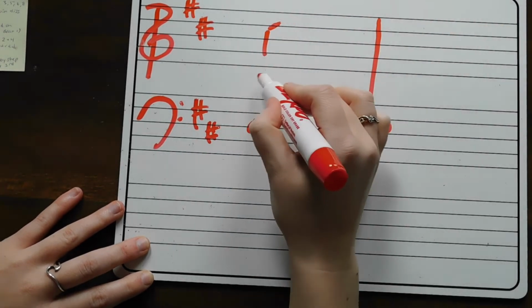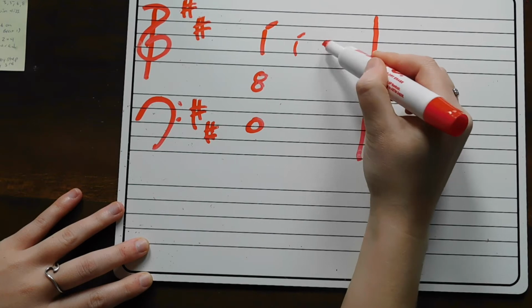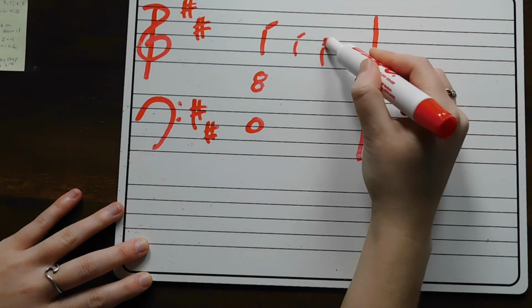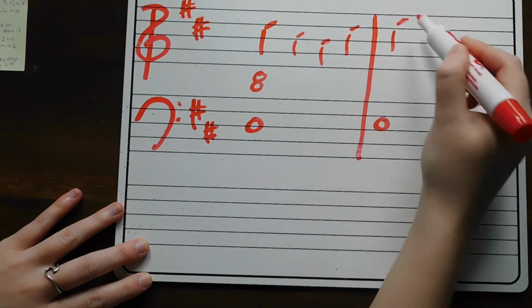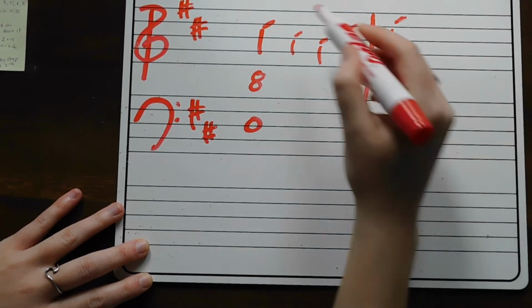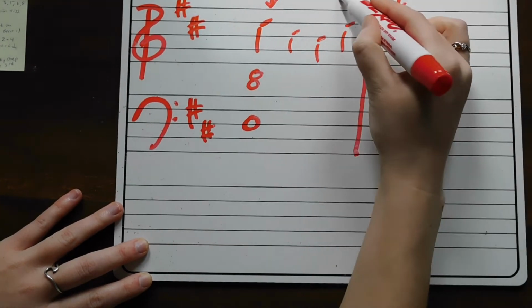So we can't have an octave between, let's say, how do I want to do this? Let's do this. Yeah, sure. So we have an octave here. You can't have octaves between 2 beat 1s. That's a no. Or fifths, right?